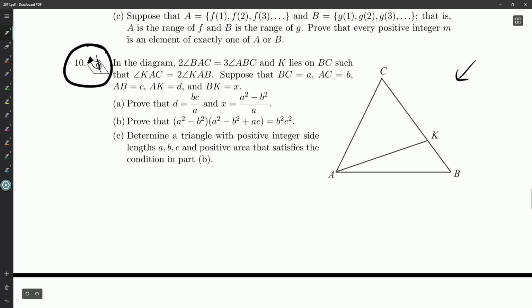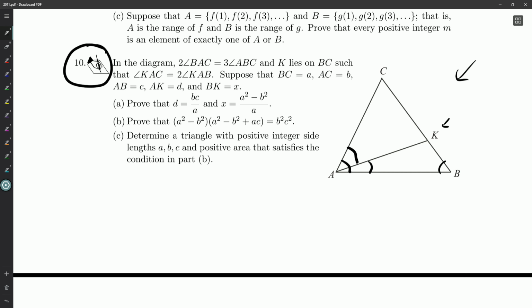Okay. What have we got? In the diagram, twice angle BAC is the same as 3 times angle ABC. So this angle over here. K lies on BC, so that KAC is twice KAB.